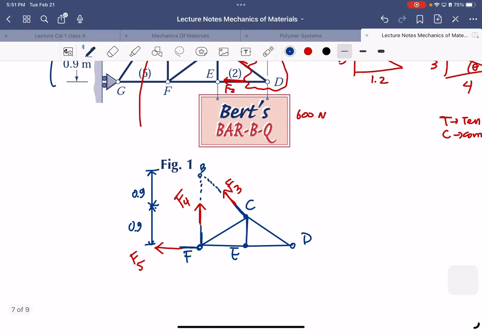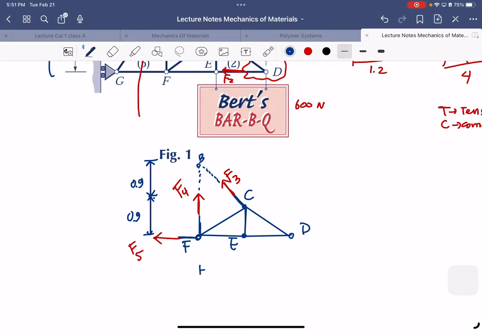And then on the bottom, we have 1.2, and another part is 1.2. Okay, and again, this is 300 Newton. This is 300 Newton from 600 divided by 2.